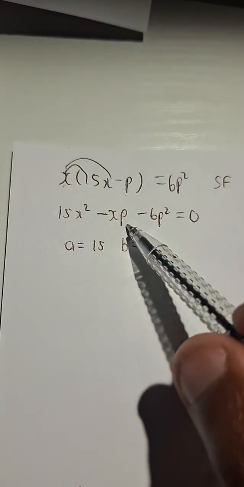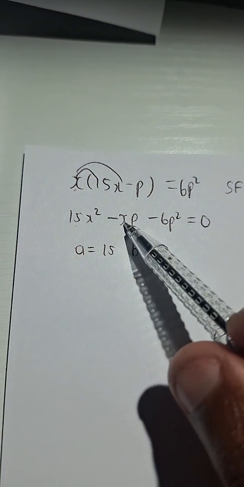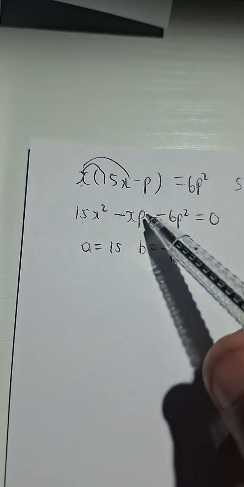My a value is 15, b is equal to negative p. Please take note, the coefficient of x is a negative p, so I write negative p as my b, and your c is negative 6p squared. Then I'm going to simply use the quadratic formula.